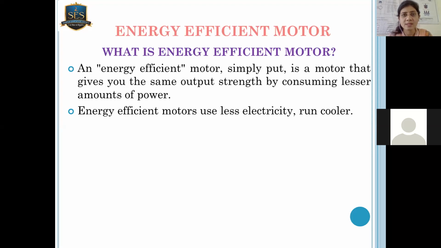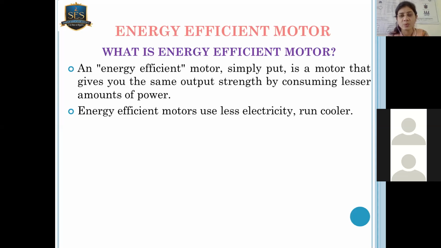Okay, means there will be no leakage fluxes. Therefore high quality material is used and it consumes less electricity, as well as it generates less temperature while running. Okay, so it runs cooler.